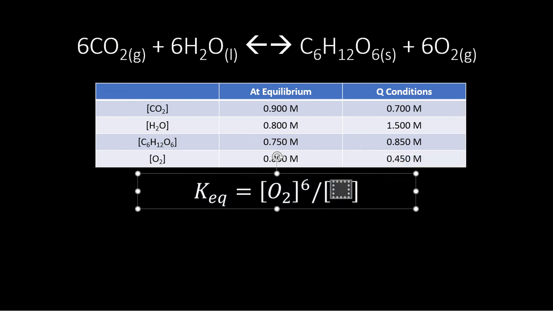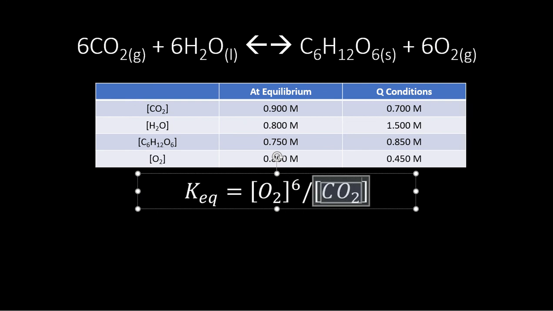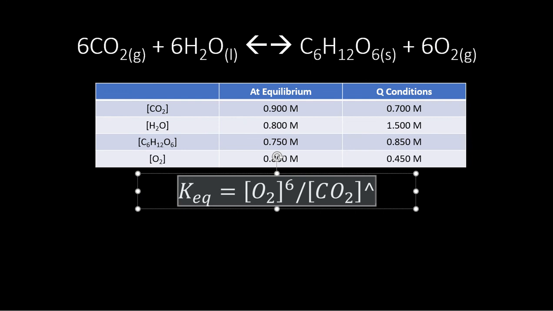Now, for the reactants, we have gaseous carbon dioxide, so we will include it, and its stoichiometry is also 6. The other reactant is liquid water. Now, liquid water we do not factor in.